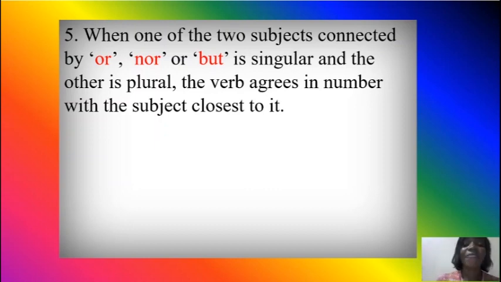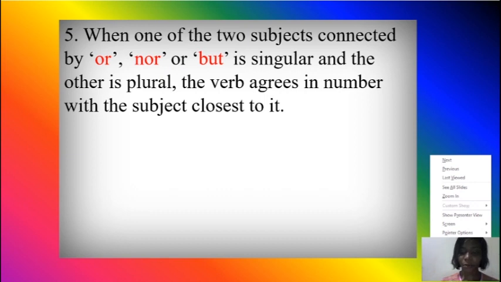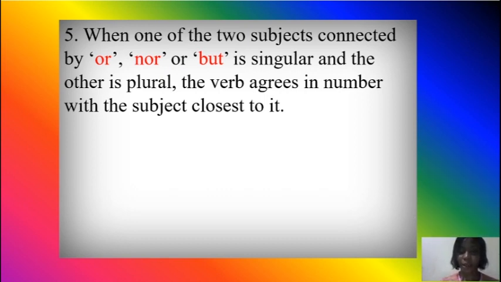If that subject is plural, the verb takes on a plural form. And if it is singular, the verb will also take on a singular form. That's what it means. Now let's look at some examples here.